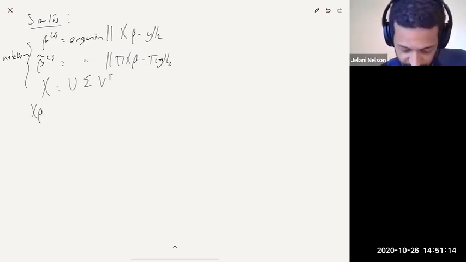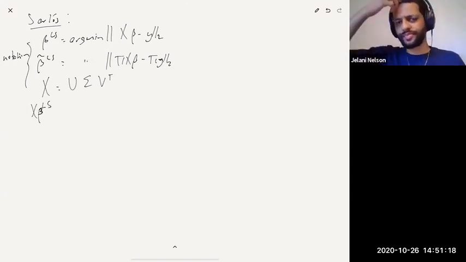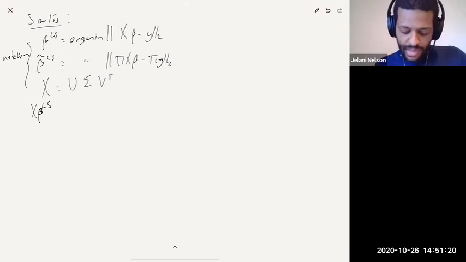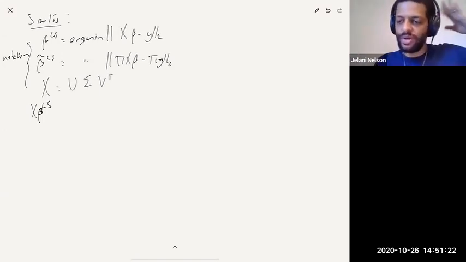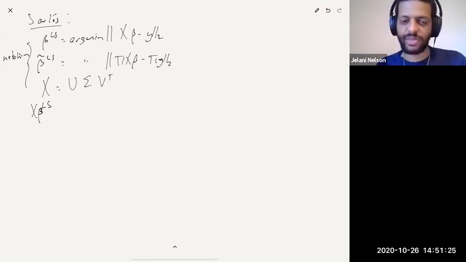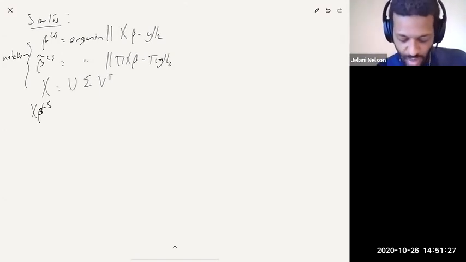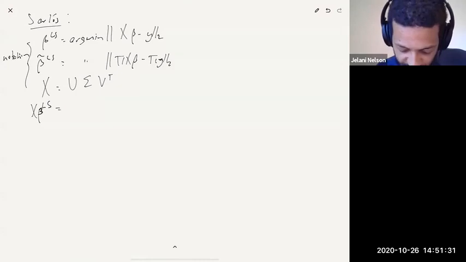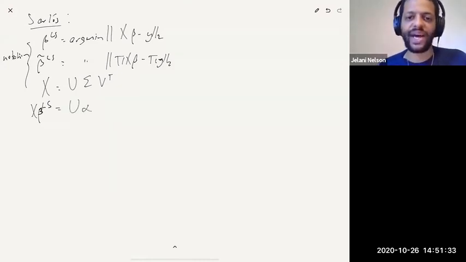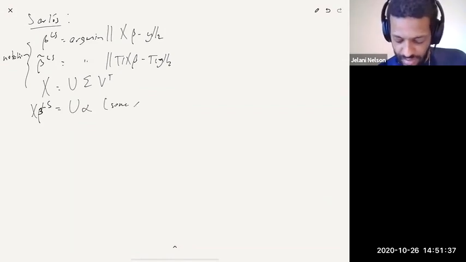And I'm going to write that x beta LS. Okay, so remember now, the columns of u form an orthonormal basis for the column space of x. So x beta LS is in the column space of x, so I can express it as u times something. So I'm basically defining alpha here, for some alpha.